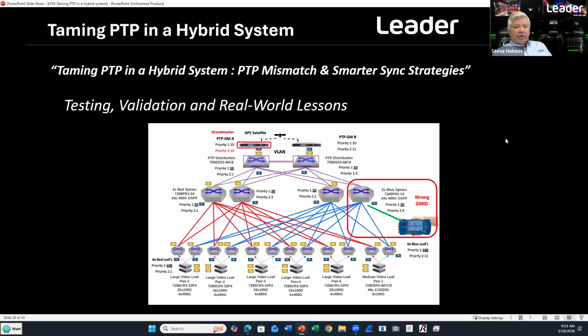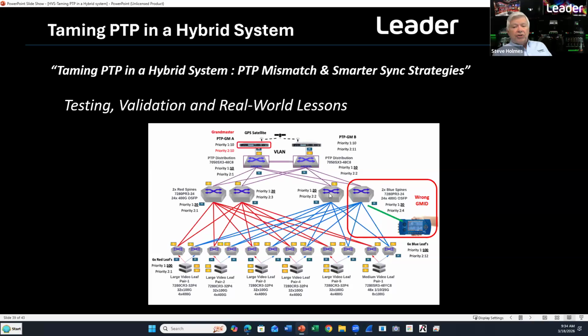And this was actually a real world case where one spine had the wrong priority 1. And the system was running, but it was running intermittent, because anytime a path went through this particular spine, it didn't work. It would fail.